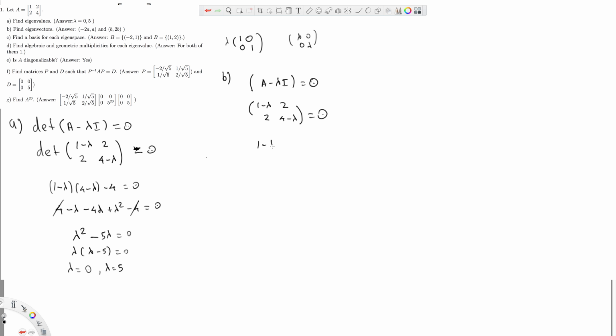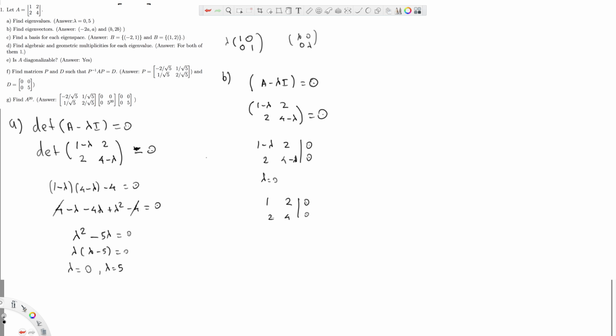We have to write it in matrix format, so this is going to be 0 0 like this. Then I simply substitute. First I take the lambda equal to 0 value. If I substitute here, it's just the same as it is, because 0 doesn't change anything. So it's 1 2 2 4 equal to 0 0.